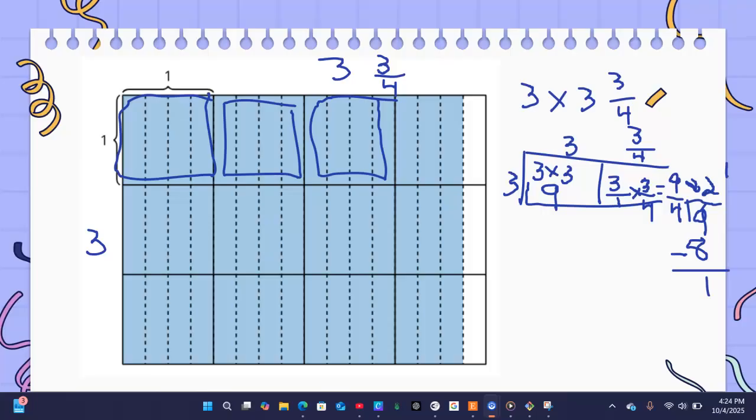So that would be 2 and 1/4. And I add that 2 and 1/4 to my whole number of 9. Can't forget this whole number of 9. So that would be 11 and 1/4.